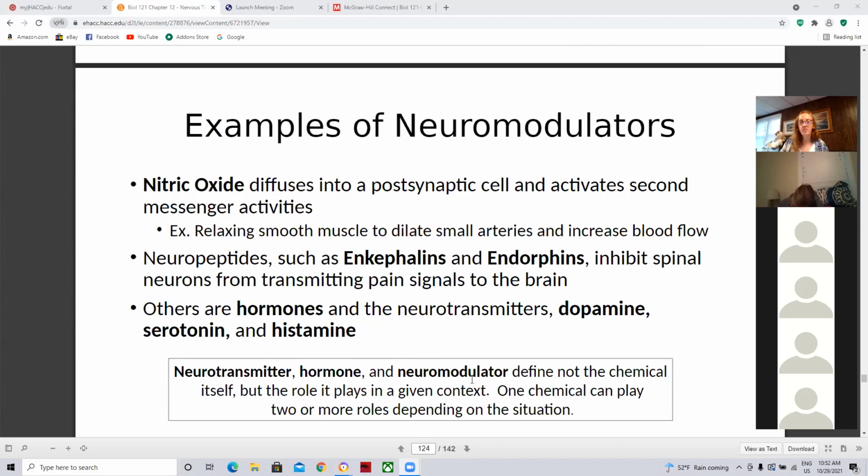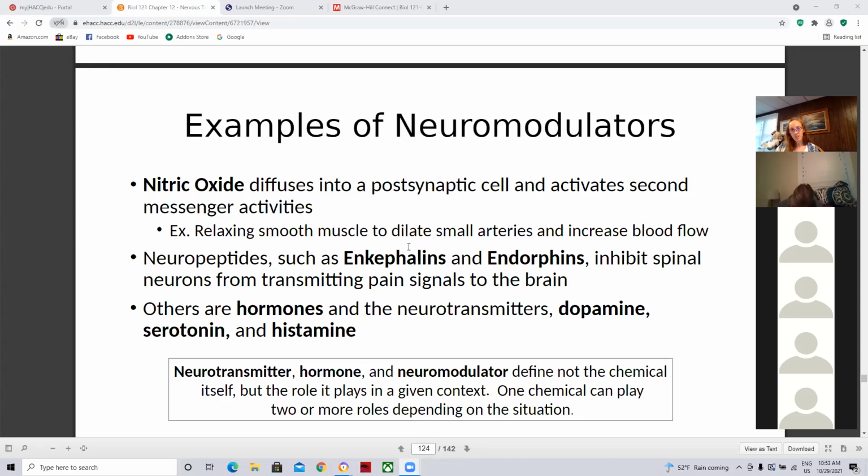Some examples of neuromodulators. Nitric oxide diffuses into a postsynaptic cell and activates second messenger activities. Remember, this is cyclic AMP. So it relaxes smooth muscle to dilate small arteries and increase blood flow. This is the reason that, what's the thing that this works on?